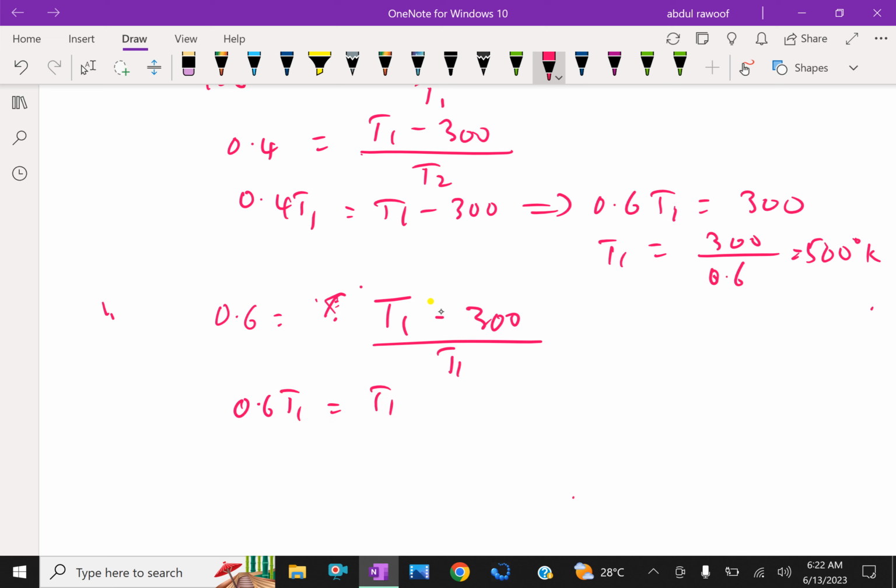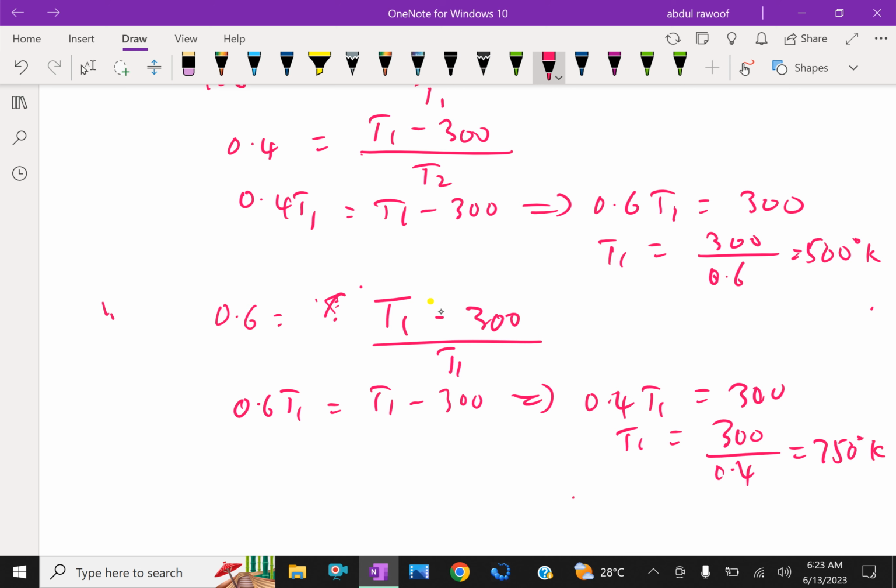0.6 T1 equals T1 minus 300, which gives 0.4 T1 equal to 300. Therefore, T1 equals 300 over 0.4, which gives 750. Now the new source temperature is 750 degrees Kelvin.